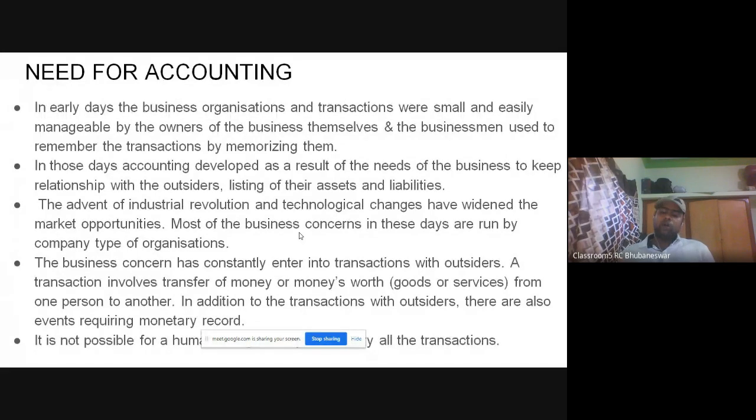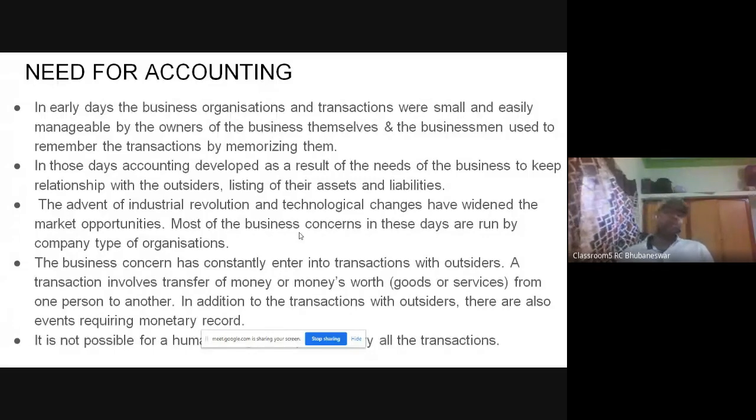But when the industrial revolution came, that means everything got privatized. Then more industries came up, and business started at a large or mass base. So at that time, the number of transactions that needed to be recorded increased.